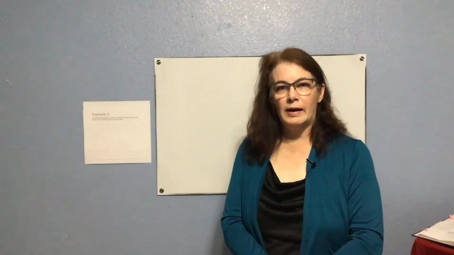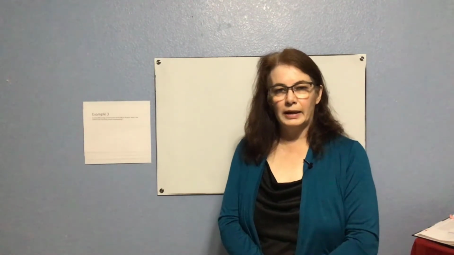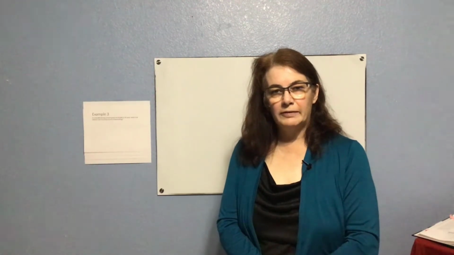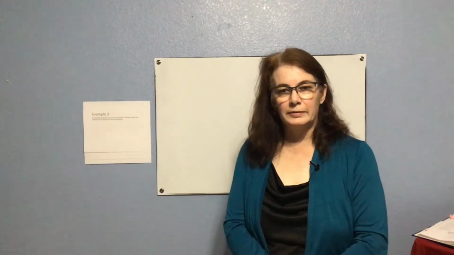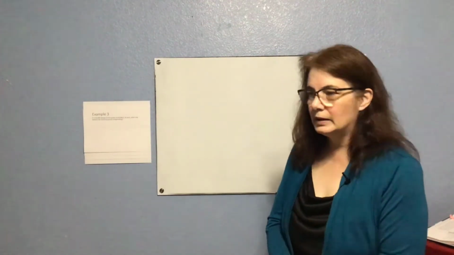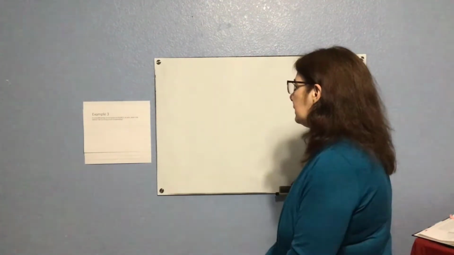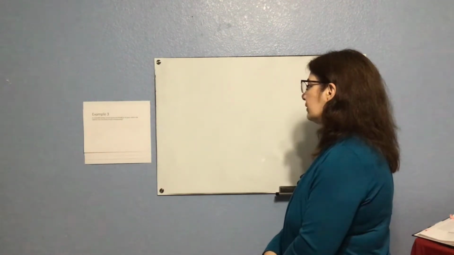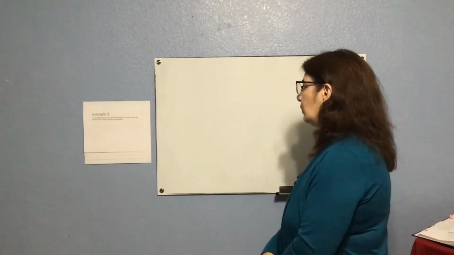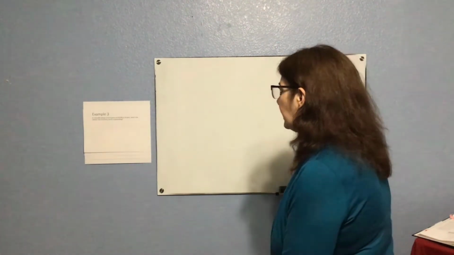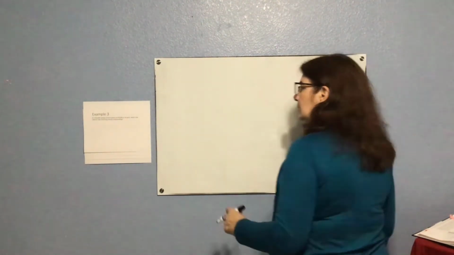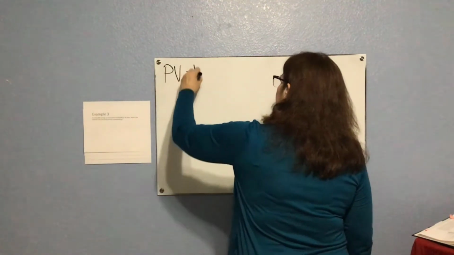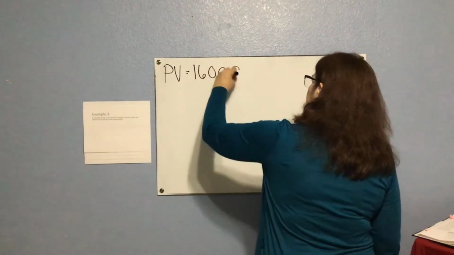We can find out a lot more than just the ending balance of an investment using this formula. If we have all the other pieces, we can solve for any other piece that happens to be missing. For instance, if a $16,000 savings account grows to $50,000 in 18 years, what is the interest rate assuming annual compounding? So we start with our present value is $16,000.